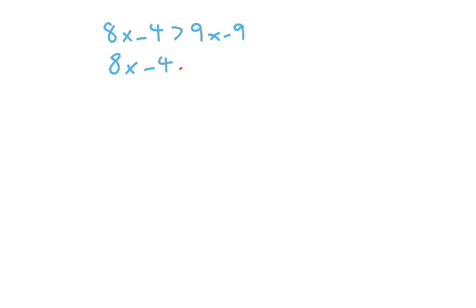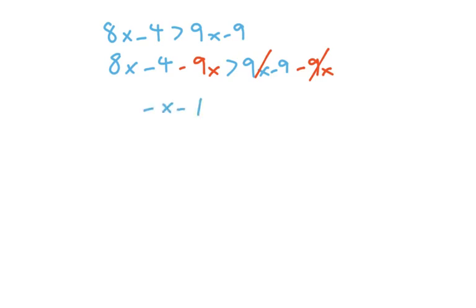To accomplish that, I could subtract 9x from both sides of the inequality, like this. On the right side, the 9x minus the 9x would give me a 0. On the left side, combining like terms, 8x minus 9x is negative x.